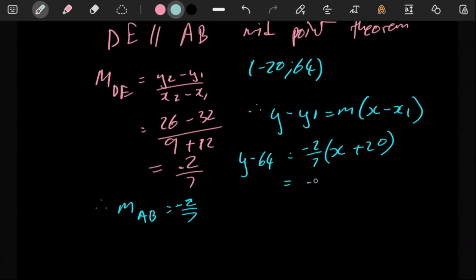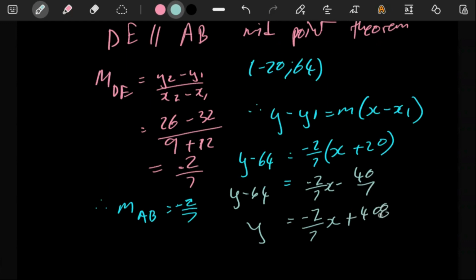So it's negative 2 over 7 x, minus 40 over 7, and then y minus 64. Everything on one side, you have negative 2 over 7 x. Negative 40 plus 64 is going to give you 408 over 7 in the calculator.